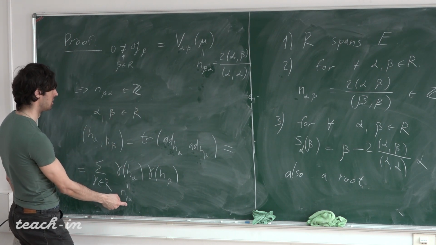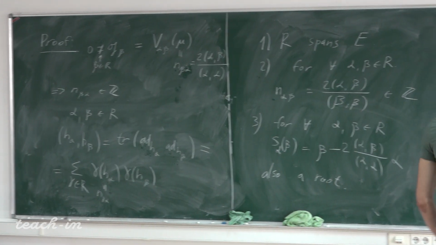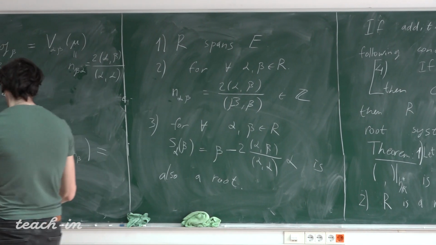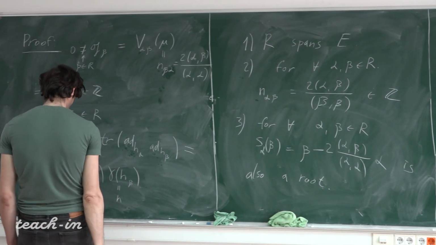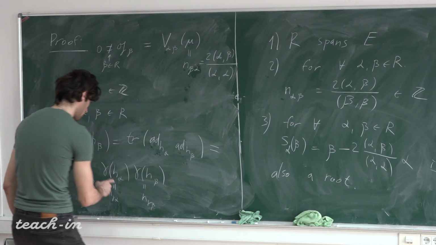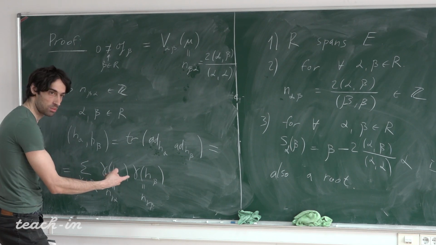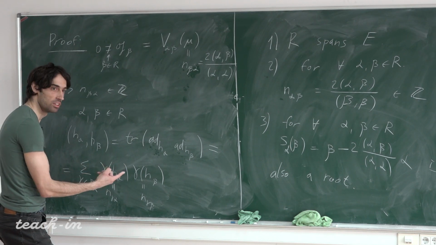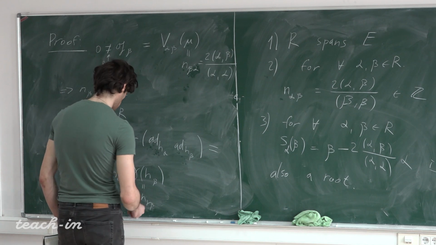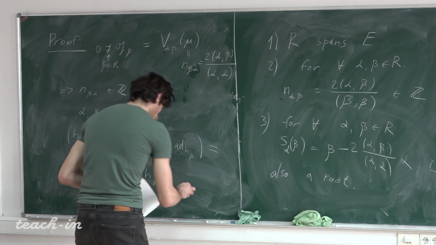So it's exactly my number that I have here. And this is n gamma beta. What I need for now is that they're integers, but what I need is they're real. So therefore it's in R.